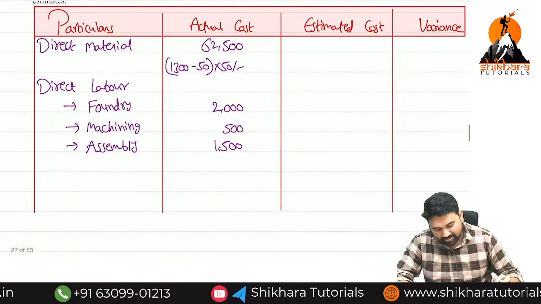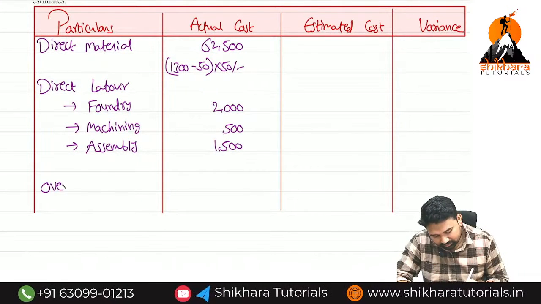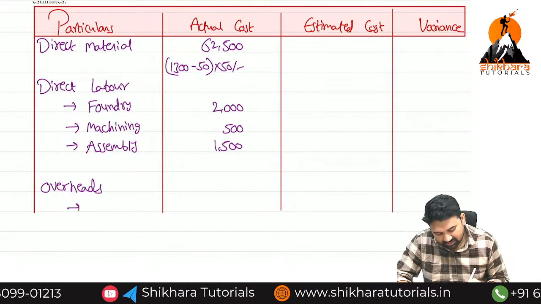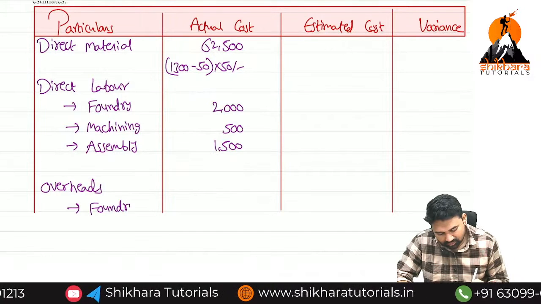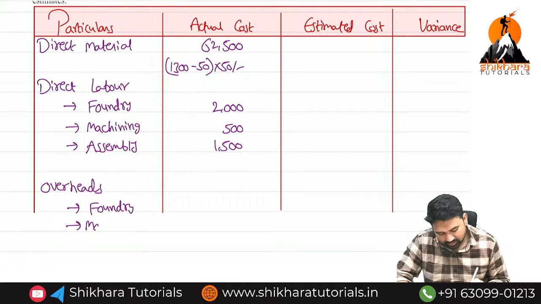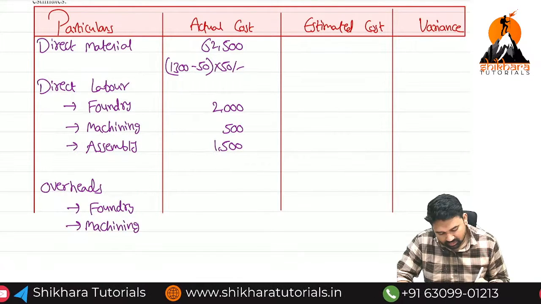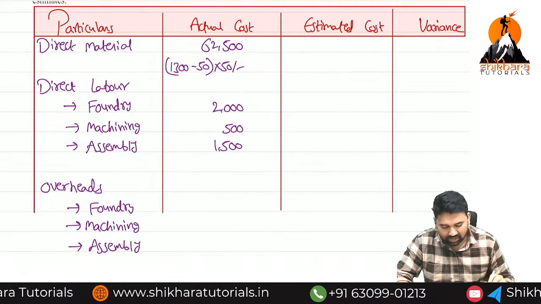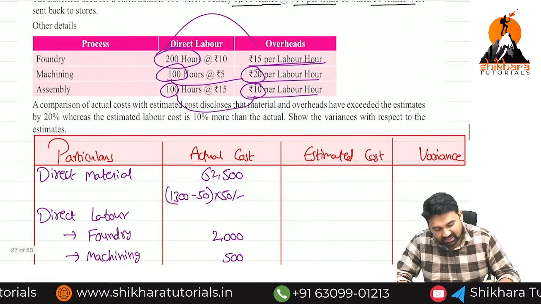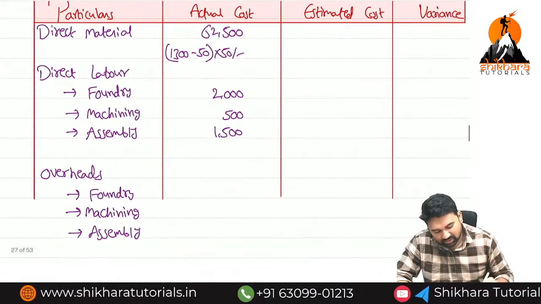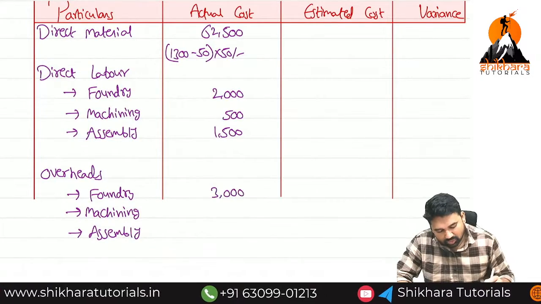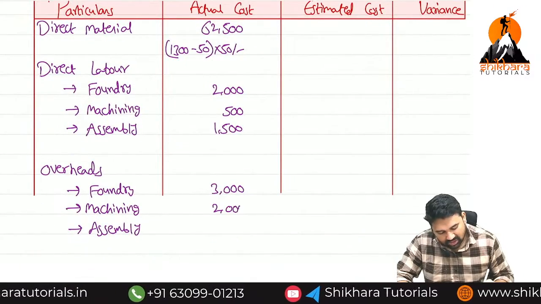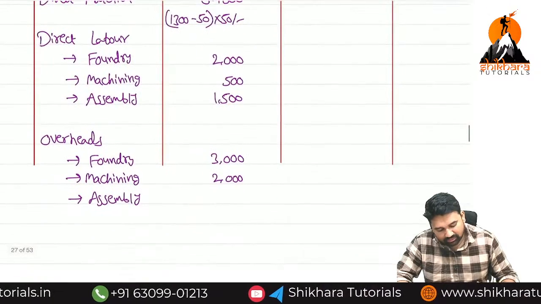In the same way, overheads also have three departments: first foundry, second machining, and third assembly. 15 into 200 is 3000, 20 into 100 is 2000, and 10 into 100 is 1000.